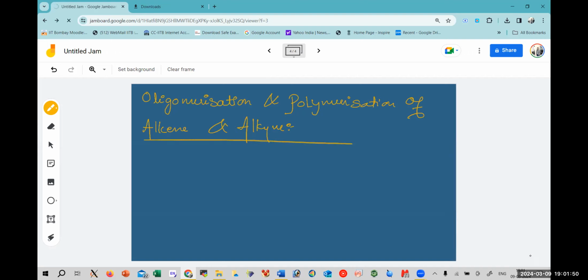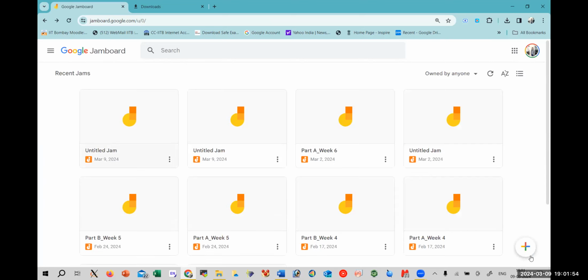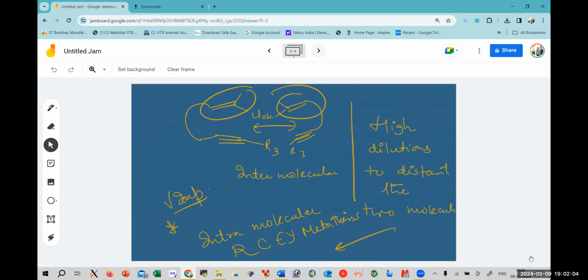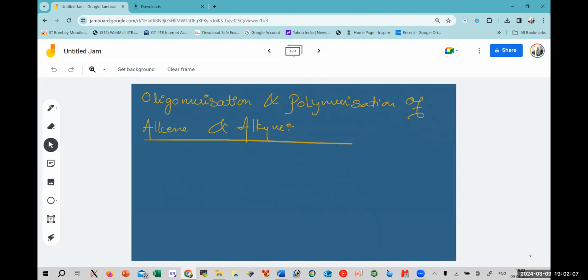So this actually follows two steps. One is the coordination step of the alkene or alkyne, followed by the insertion into the M-R bond, which you will get to know about.